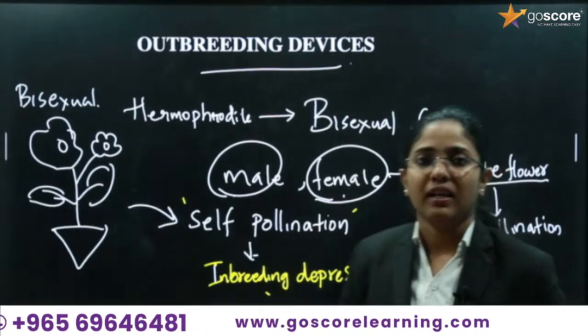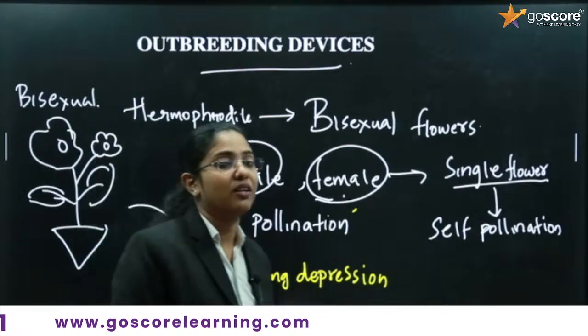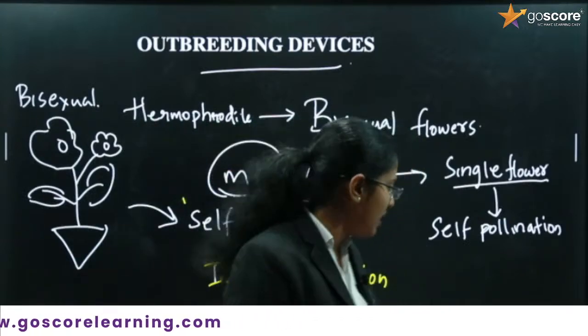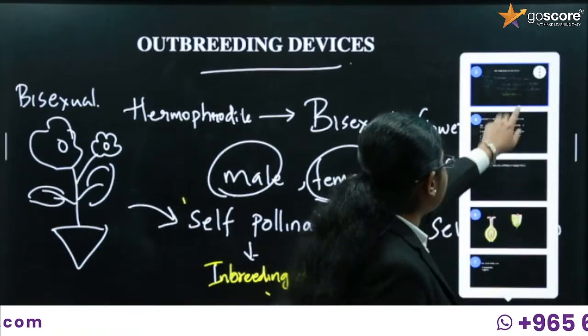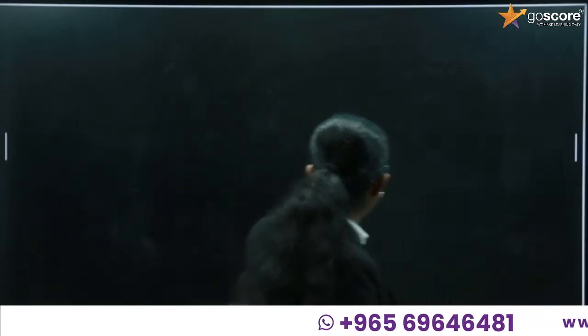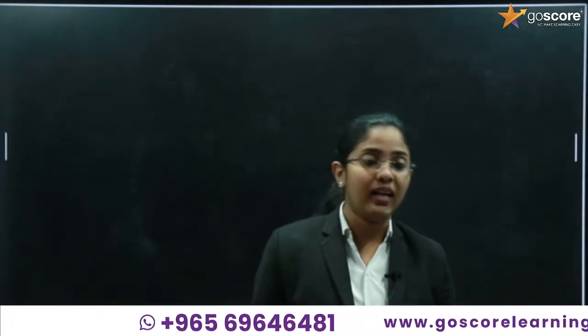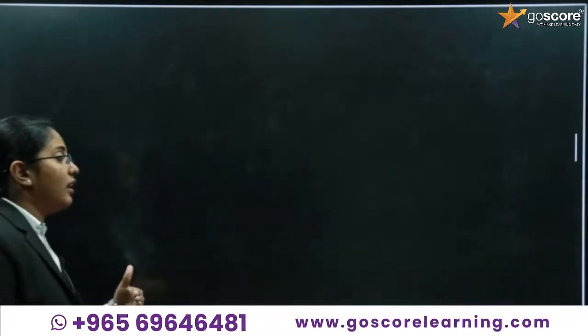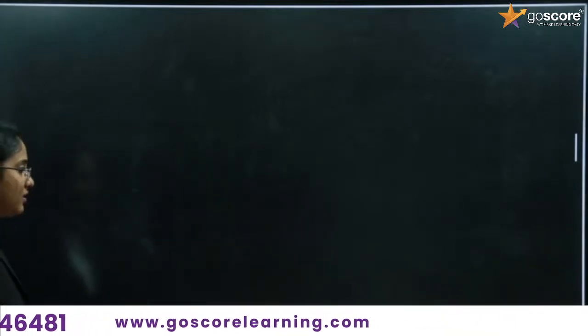In order to prevent self-pollination, the plant itself makes some kind of devices, to discourage self-pollination, encourage outbreeding, and prevent inbreeding depression. The plant itself develops certain techniques, and we will discuss them.